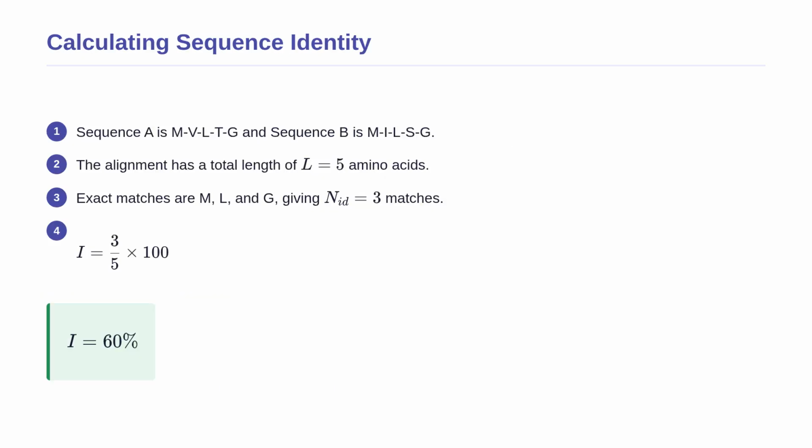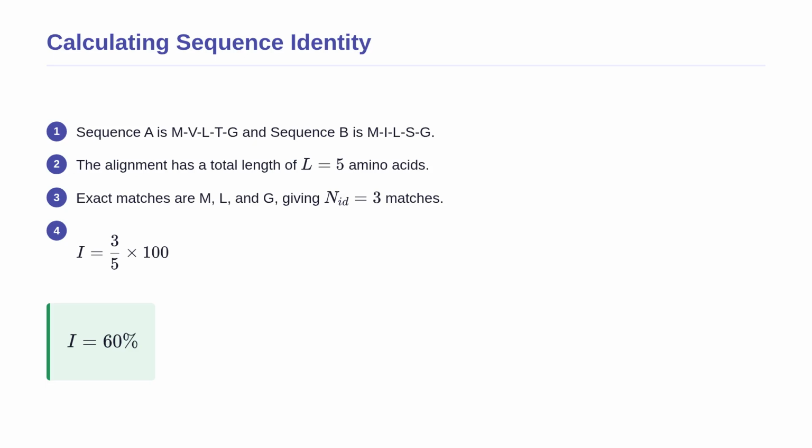Now that we have our formula, let us see this with a concrete example. Suppose we have two short protein sequences aligned in a lab. Sequence A is MVLTG, and sequence B is MILSG. We are asked to find the percent identity. First, we count the total length of the alignment, which gives us a denominator of 5.